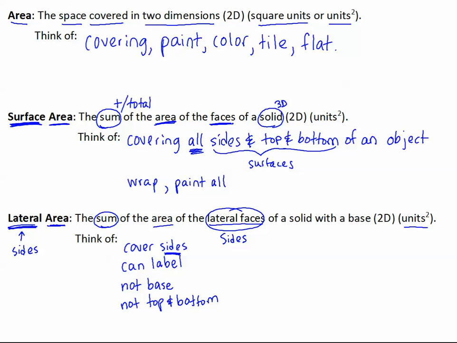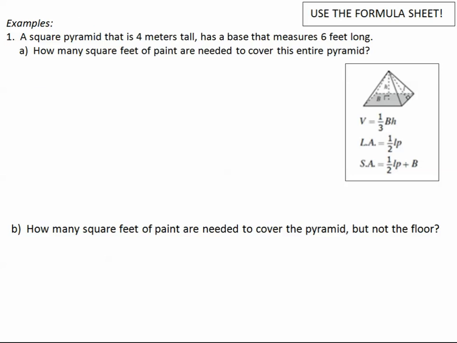Let's look at a few examples that apply these types of measurement. Number one, a square pyramid that is 4 meters tall has a base that measures 6 feet long. How many square feet of paint are needed to cover this entire pyramid? The first thing I noticed, some keywords here.